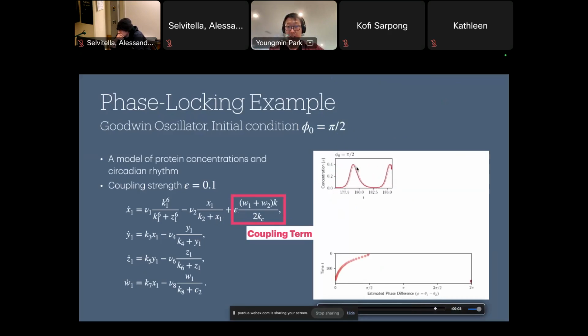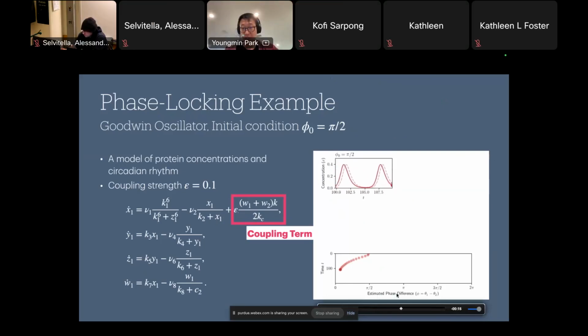Looking at the time difference from one peak to the other, we start with about a quarter period phase difference. And the system is such that the phase differences, as we continue simulating over time, converge to 0 phase difference. We can see the peaks start to converge together.